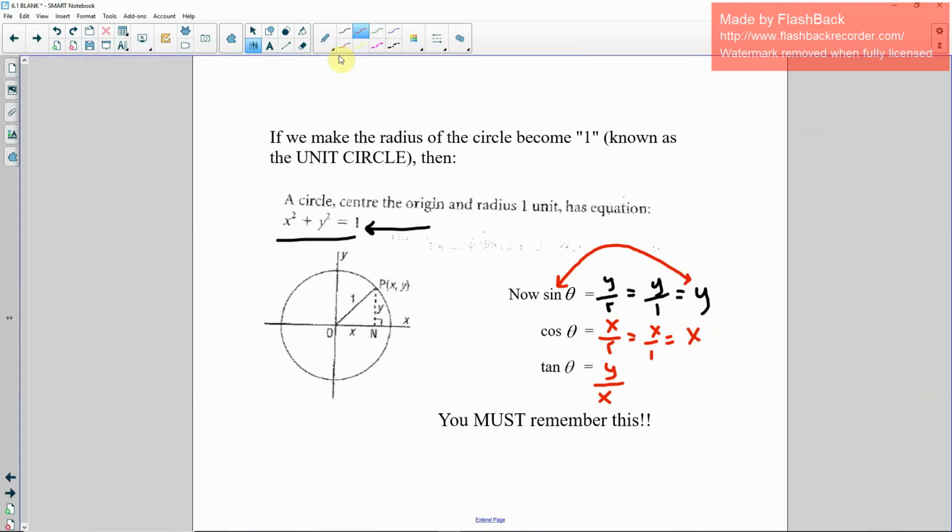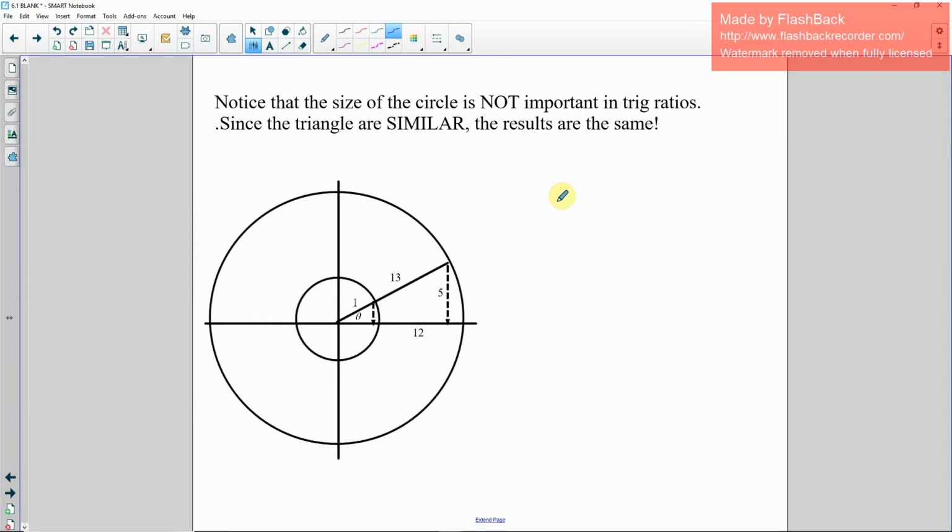So we often say that sine theta is the same thing as y, and cos theta is the same thing as x on the unit circle. Very important that you remember it. Also, notice that the size of the circle actually isn't very important in trig ratios, because you always get triangles that are similar. They share this base angle, so here's our unit circle, excuse my horrible tracing, with a radius of 1.